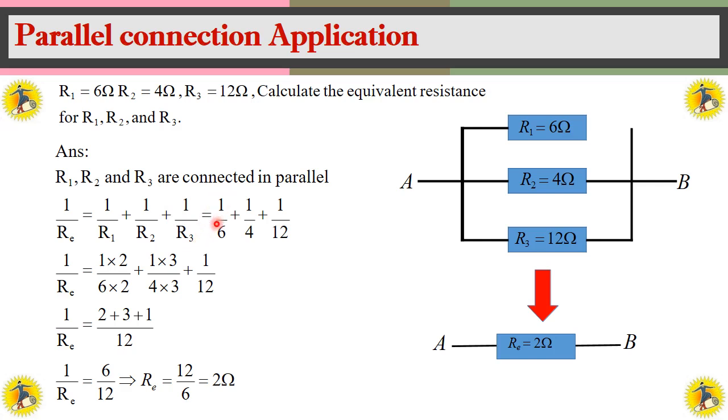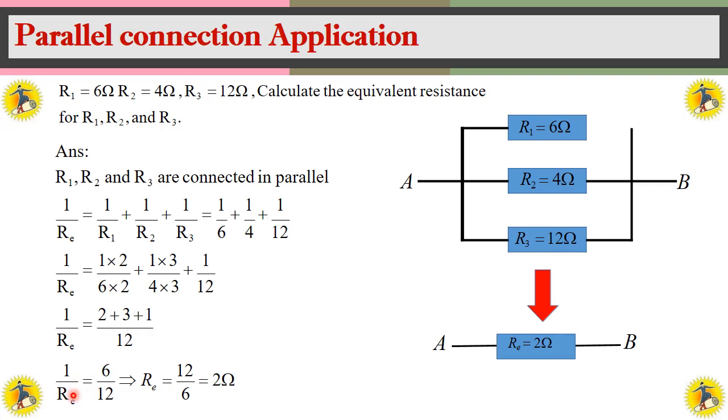So we replace the values of R1, R2 and R3: 1 over 6 plus 1 over 4 plus 1 over 12. If we make the same denominator, we get 2 plus 3 plus 1 over 12 equals 6 over 12.